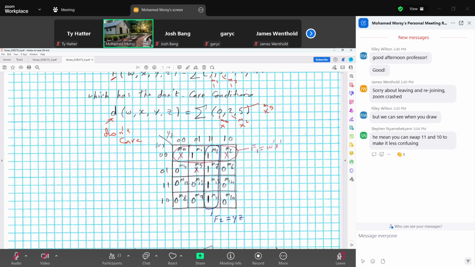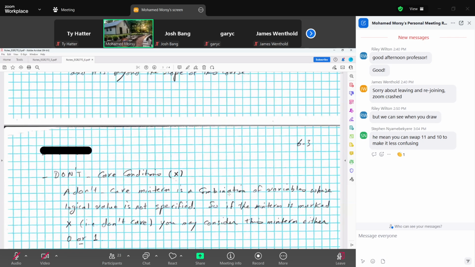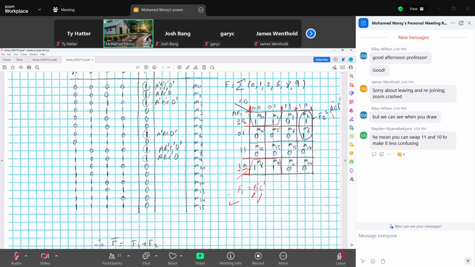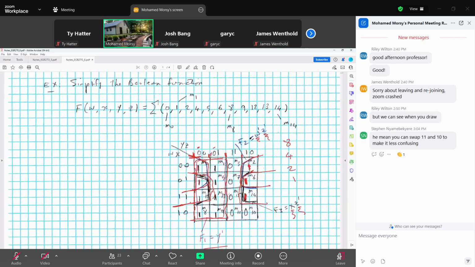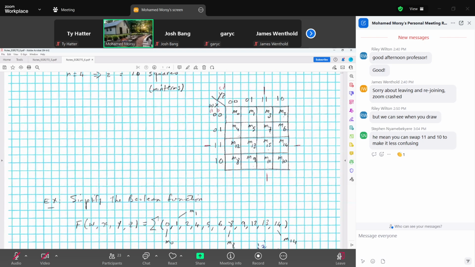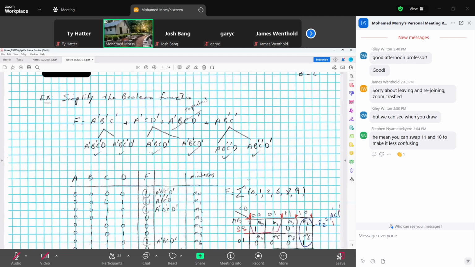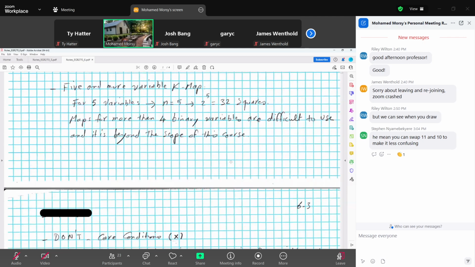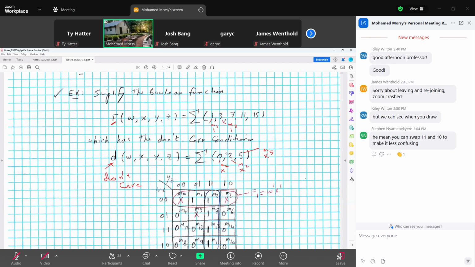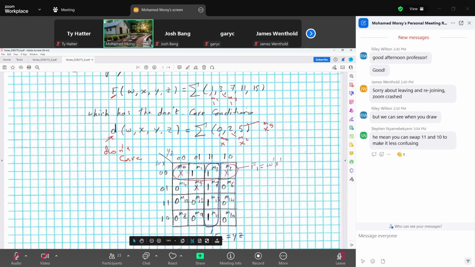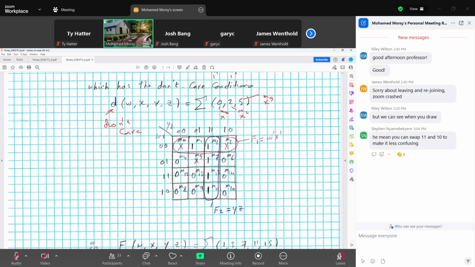Okay, again, the standard Karnaugh map is as we mentioned here. So you just fill this out. Now, where is the don't care? M0, don't care. You see this X at M0. M2, X. M5, X, don't care.